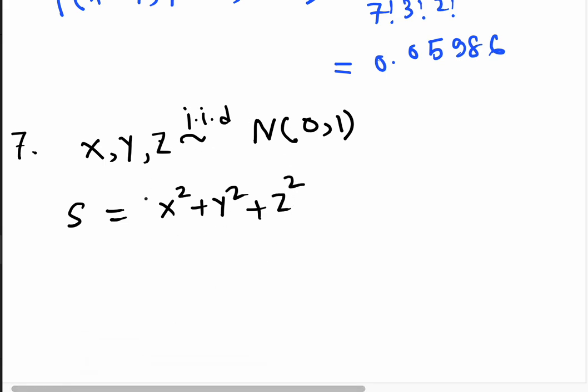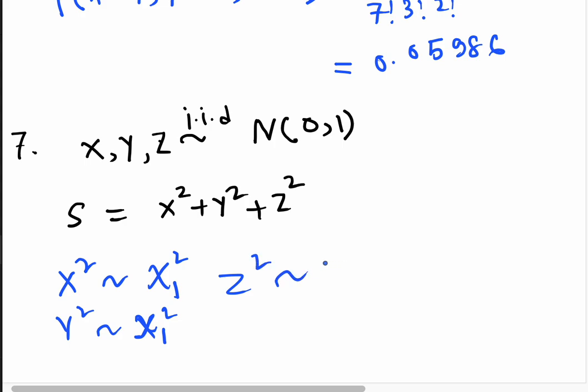So this is a very simple question. Since we know that any independent identically distributed random variable which follows a normal distribution, the square of the variable follows a chi square with 1. So x square follows chi square with 1, y square also follows chi square with 1, and z square similarly follows chi square with 1.